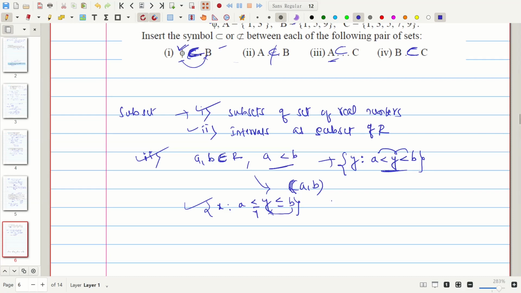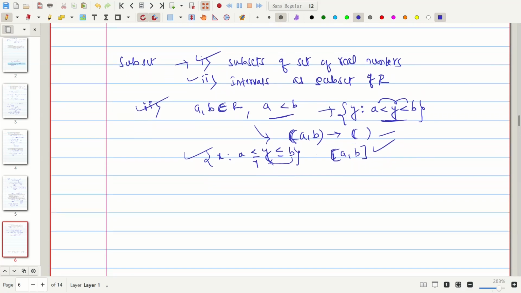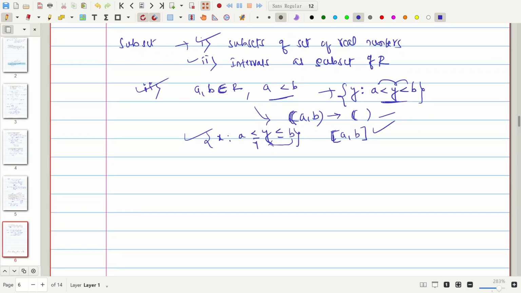This is called a closed set, so we can write it as [a, b]. A closed interval is written in square brackets, and an open interval is written in simple brackets only. This is the meaning of closed intervals and open intervals.